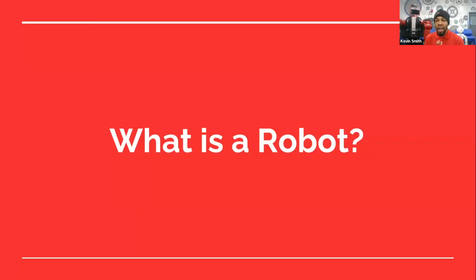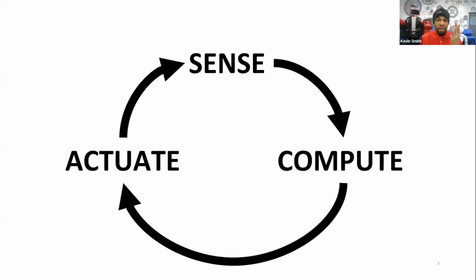But if I were to give a definition of what a robot is that does not include anything that is not a robot, I would make sure that that definition has 3 core components. What would it be? Robots sense, compute, and actuate. So what do I mean by this? So robots use some type of sensors to sense the world around them.